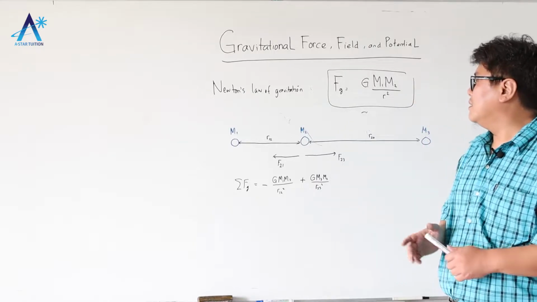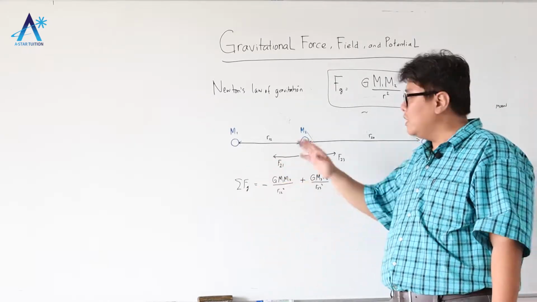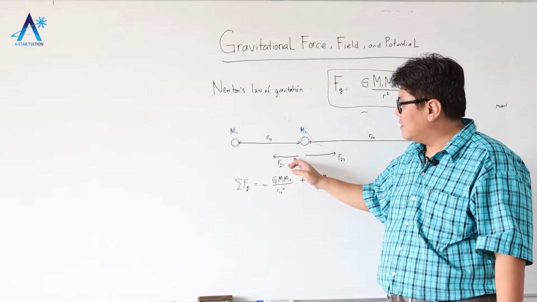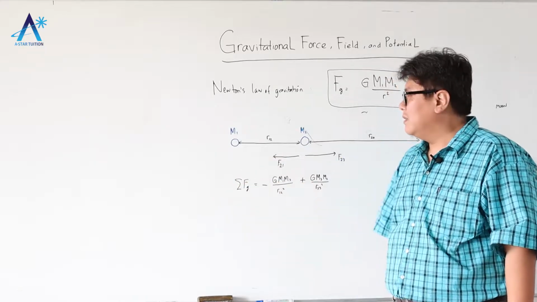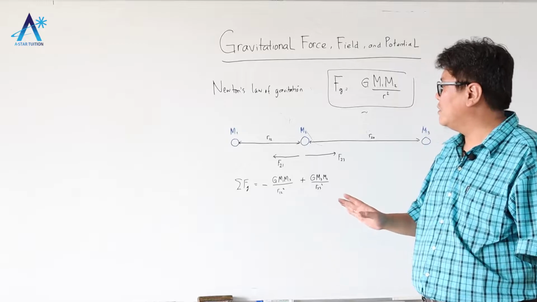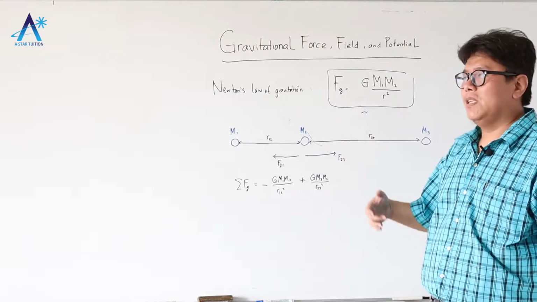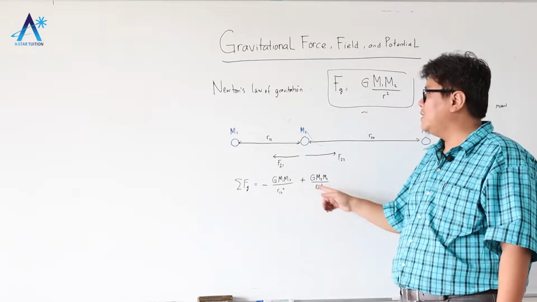But it's also possible to choose left as positive if we already know that the force going to the left is greater. But in general it's fine to use this, as long as we're consistent with the direction. Now the resultant force of these two is easy.